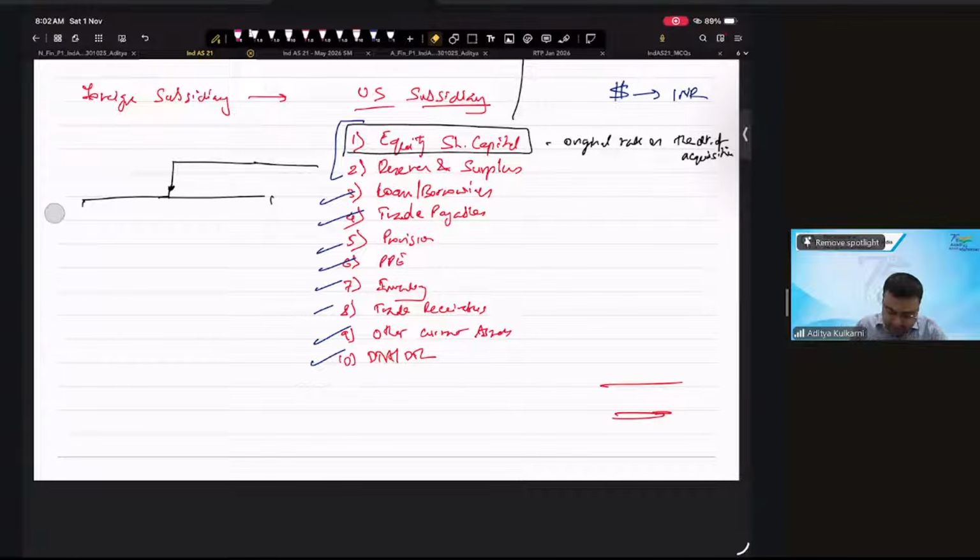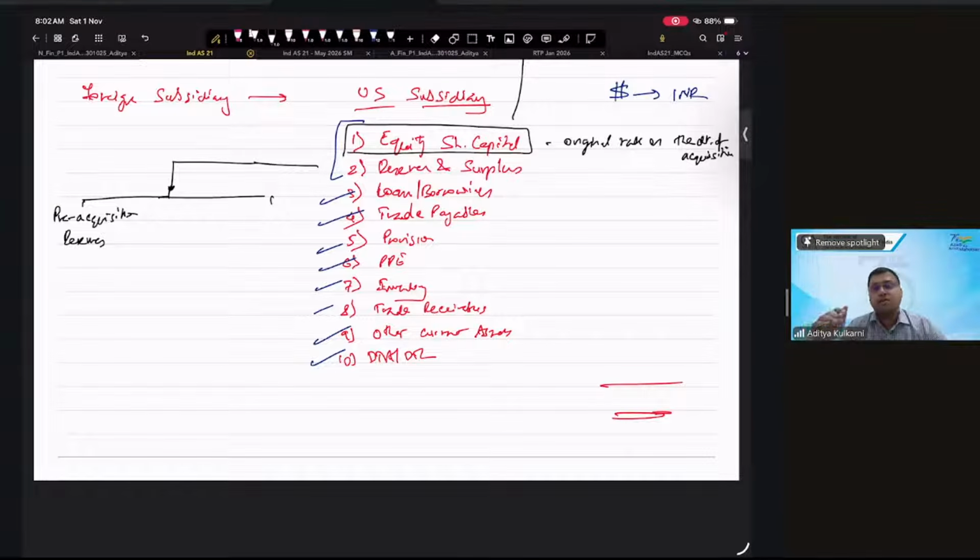We call that pre-acquisition reserves. Do you remember this? You would have studied it when you were doing consolidation. After you acquire, the entity will still keep running, generating profits or losses. Yes or no?